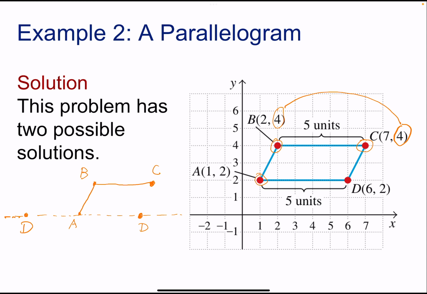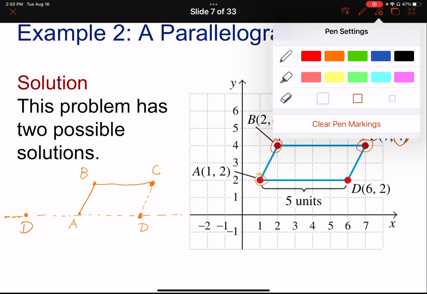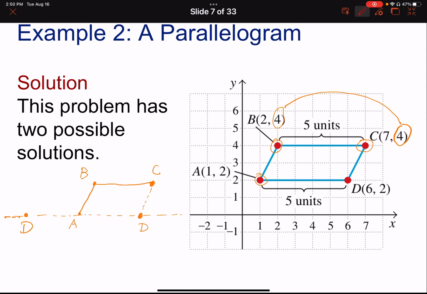Now, if D is to the right of A, then obviously you are looking at this parallelogram here. Now, what if D is to the left of A?